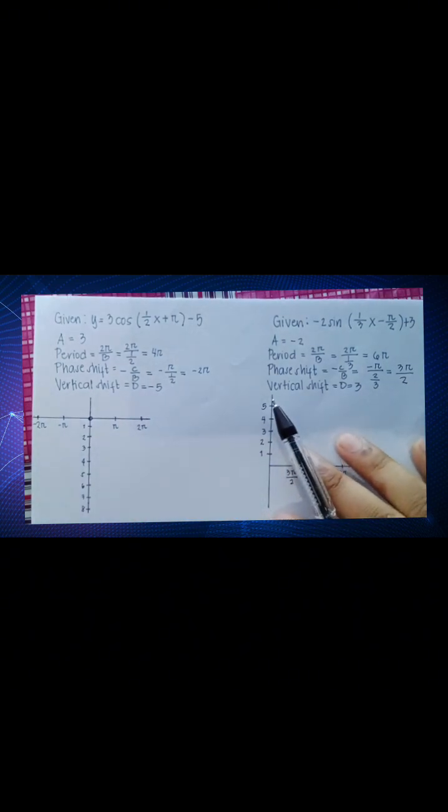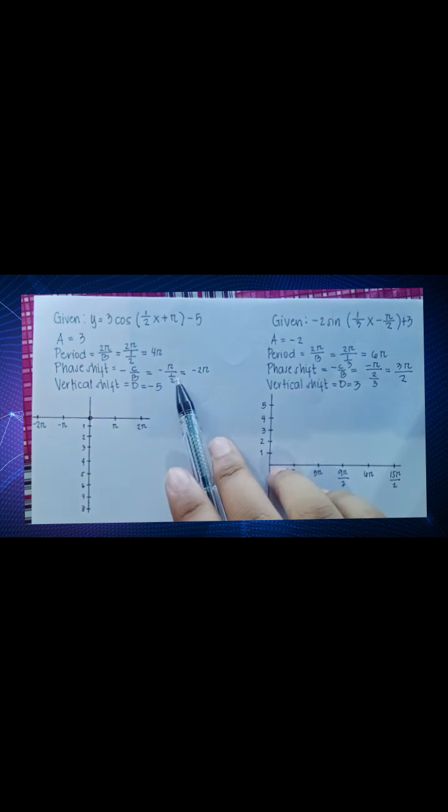So here's our graph. So we have the negative 2 pi and negative pi and 0 and pi and 2 pi. So our vertical shift is the negative 5, so we put a point at the negative pi.